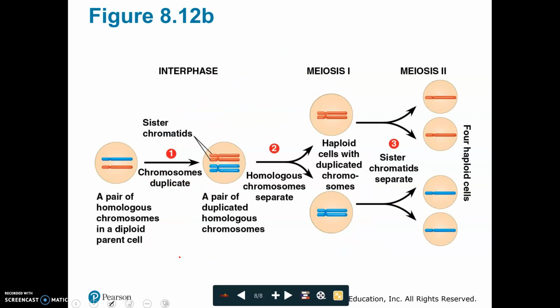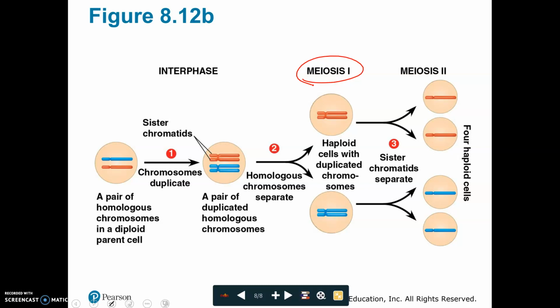All right, so what happens in meiosis, this process to make sperm and eggs? Well, 2 main steps. Step 1, which is called Meiosis I, the chromosomes are going to line up. But instead of lining up in a straight line, they're going to line up side by side with their partner.